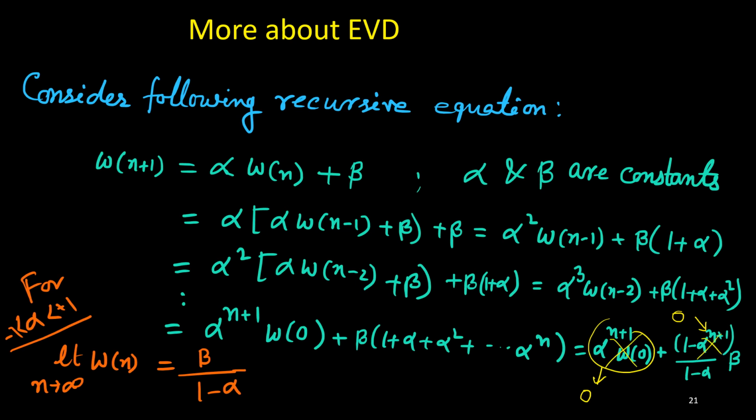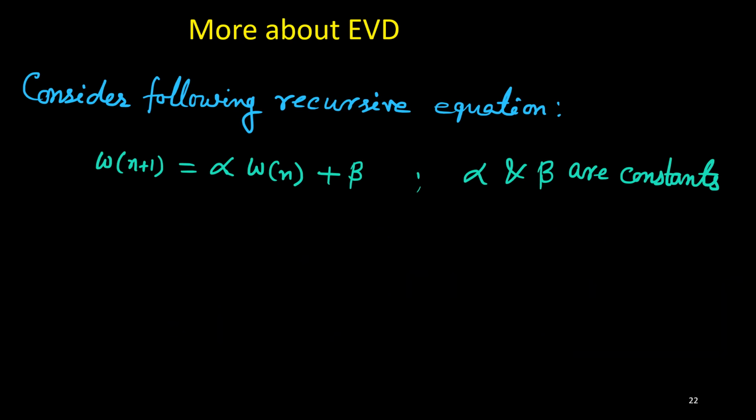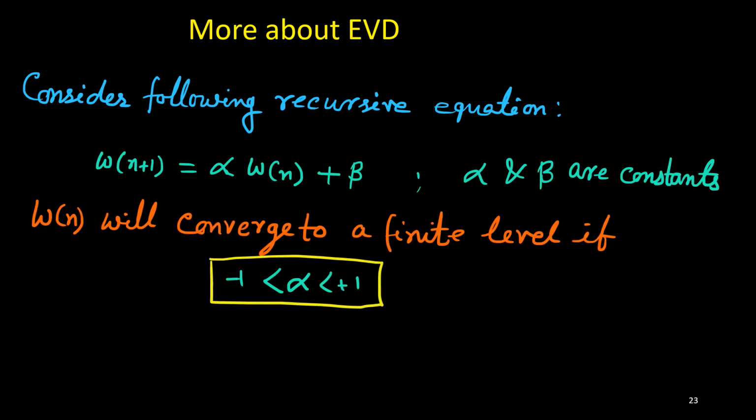Only you will get, at the limit n tends to infinity, Wn equals beta upon 1 minus alpha. So this is your steady state value. It is not 0 exactly, but it will converge to a finite level. So you see Wn is converging to a finite level with this condition, alpha is within minus 1 to plus 1.